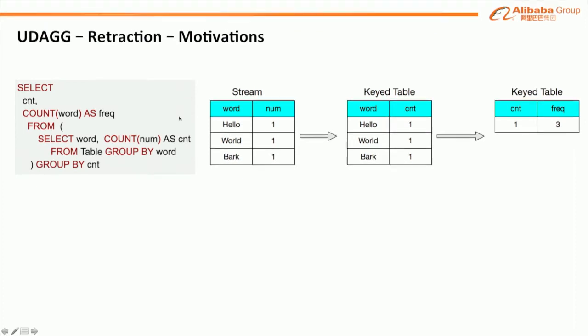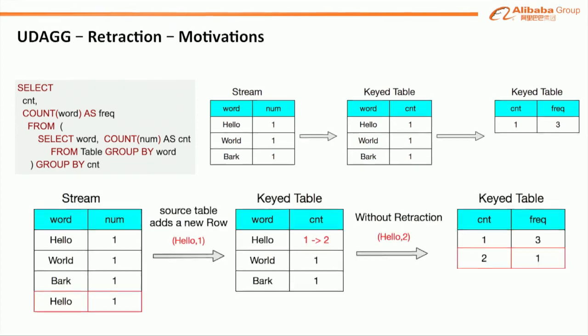In this case, the basic query is like two grouping aggregates. In the first aggregate, you group by the word, and you have the count number for each word. In the second aggregate, you aggregate on the count and see how many words have appeared that many times. The initial state is just one line: 1 and 3, meaning there are 3 words whose count is just 1, right?